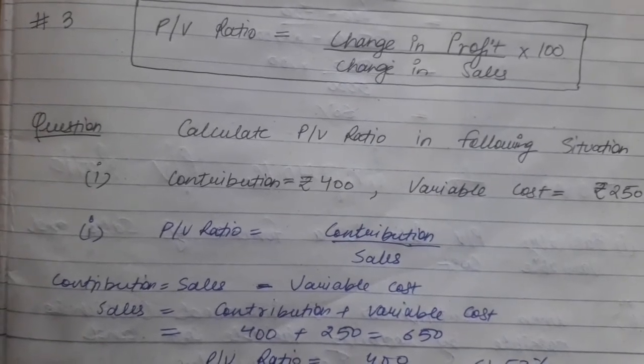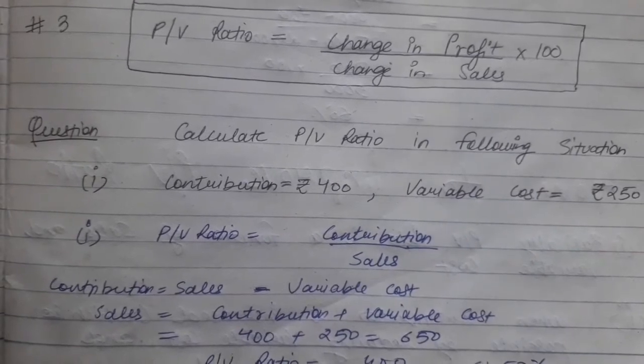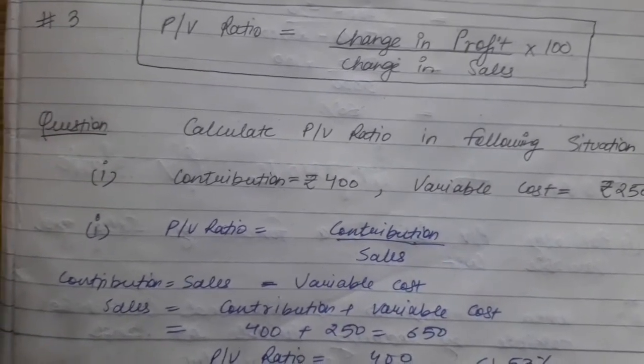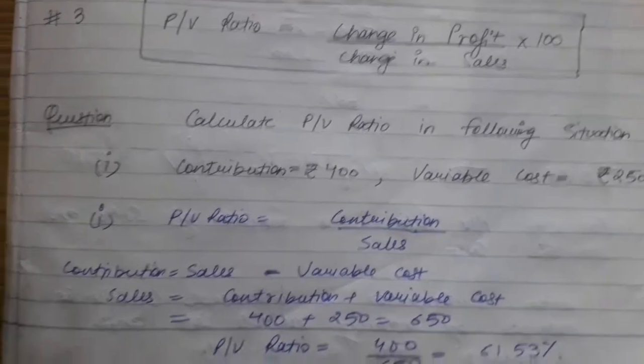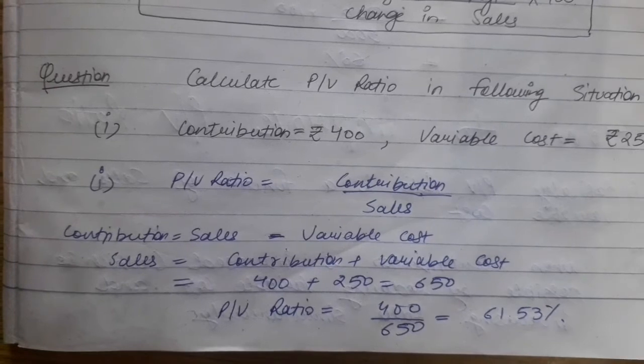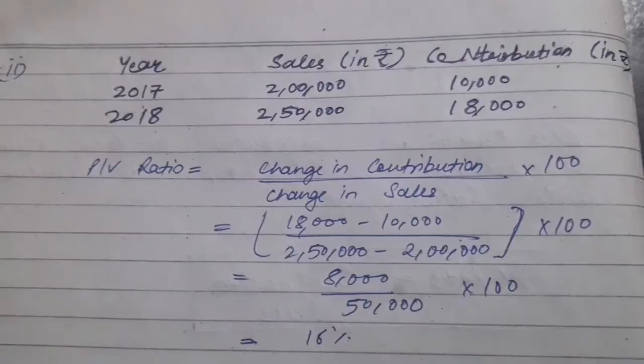Since contribution is calculated by deducting variable cost from sales, we derive that sales is equal to contribution plus variable cost. Contribution is rupees 400 and variable cost is 250, so sales comes out to be 650 rupees. So our PV ratio comes out to be 61.53%.